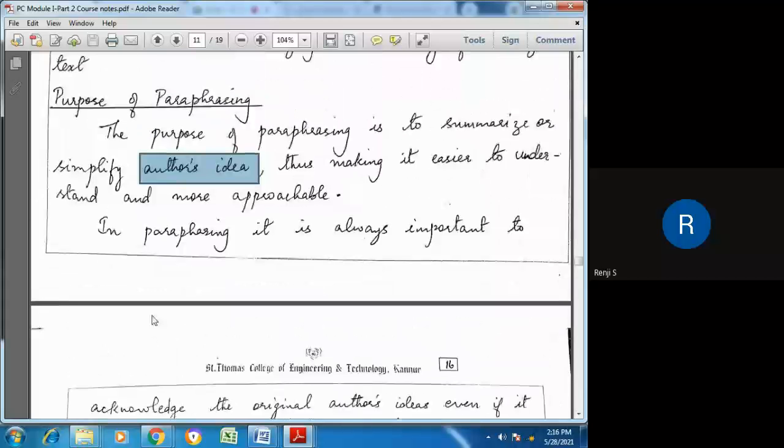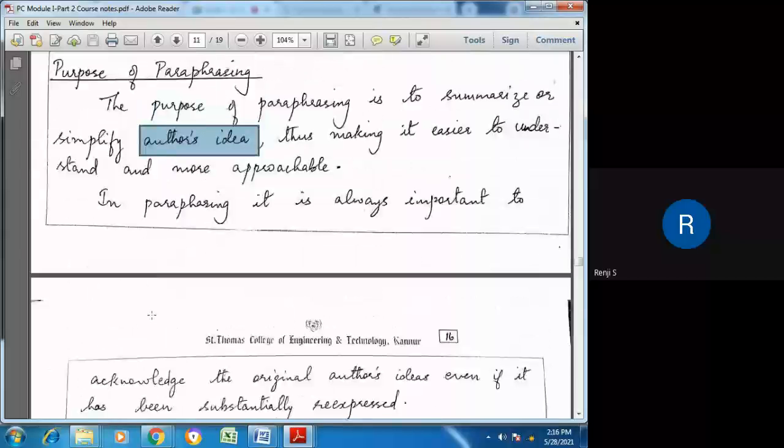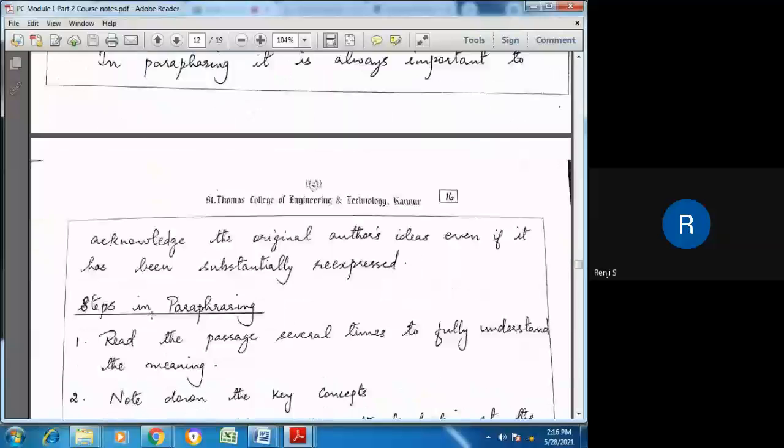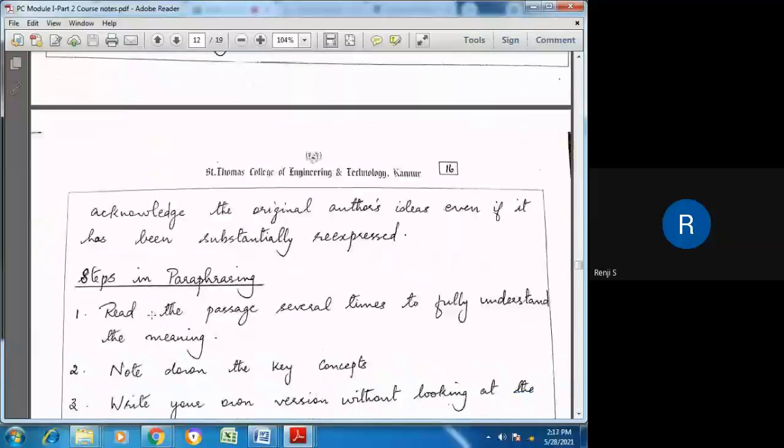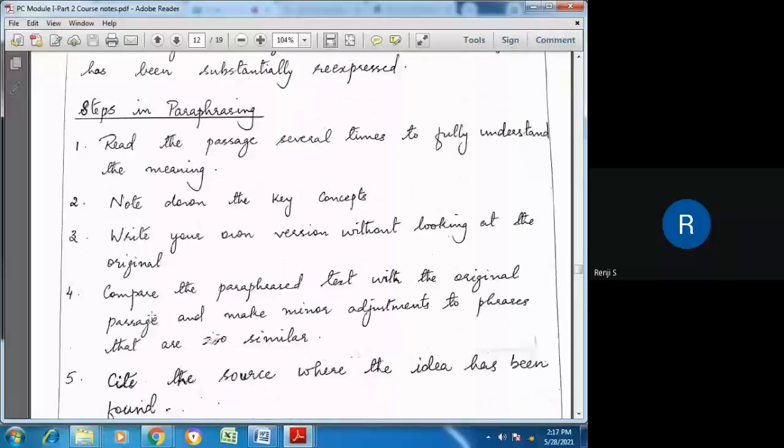Is it clear? If something is difficult to understand, then we write it in our own words so that others can understand. That is known as paraphrasing.